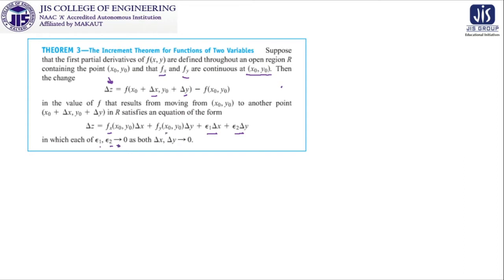That means if the increments in x and y tend to 0, then the coefficients of del x and del y, epsilon 1 and epsilon 2, will also tend to 0.